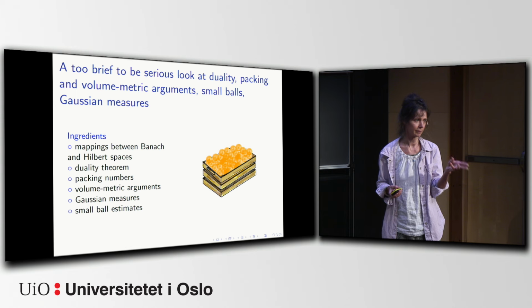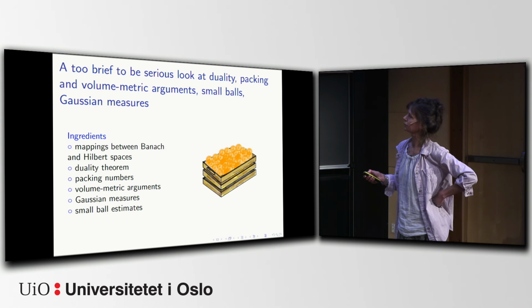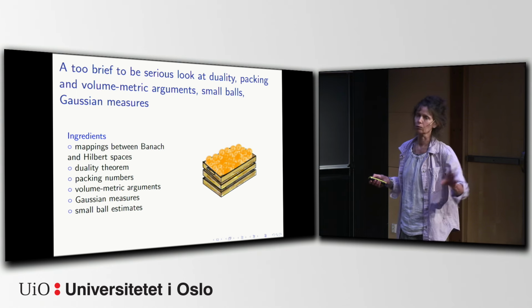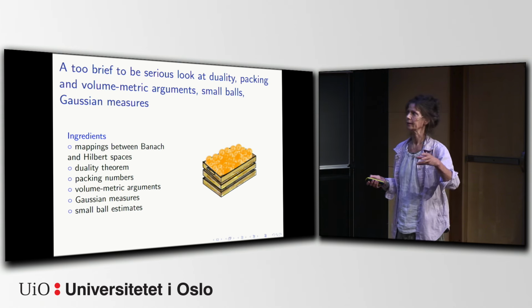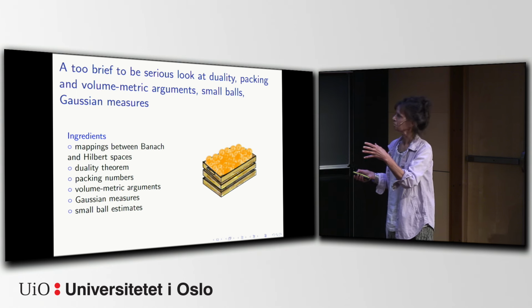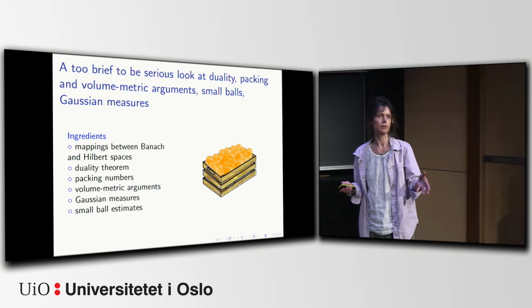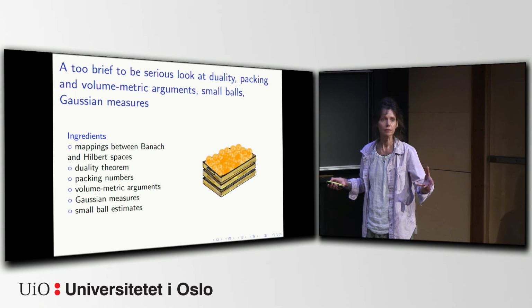Pisier, I guess, is the main reference here. So you can think of L1 norms, L infinity norms. You can think of Banach spaces and Hilbert spaces. There's the duality theorem. So just to tell you, I got really stuck. Packing numbers, volume. What is all this?